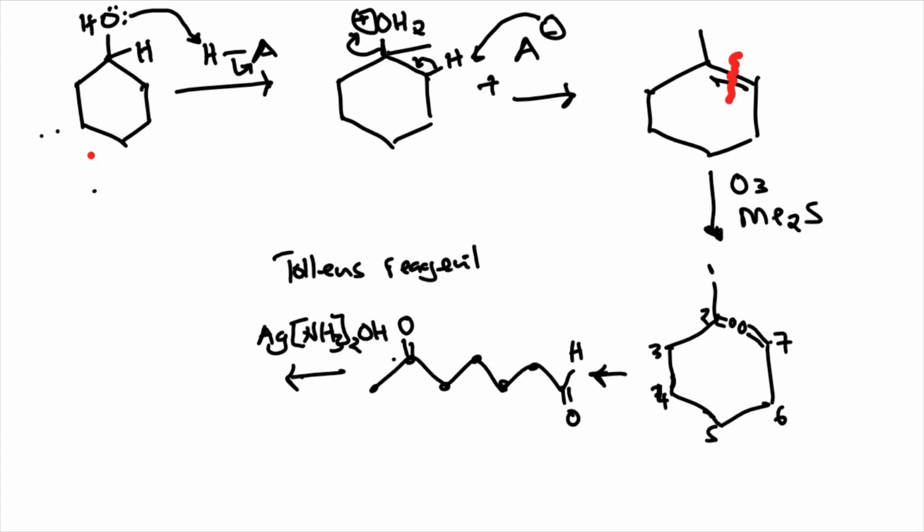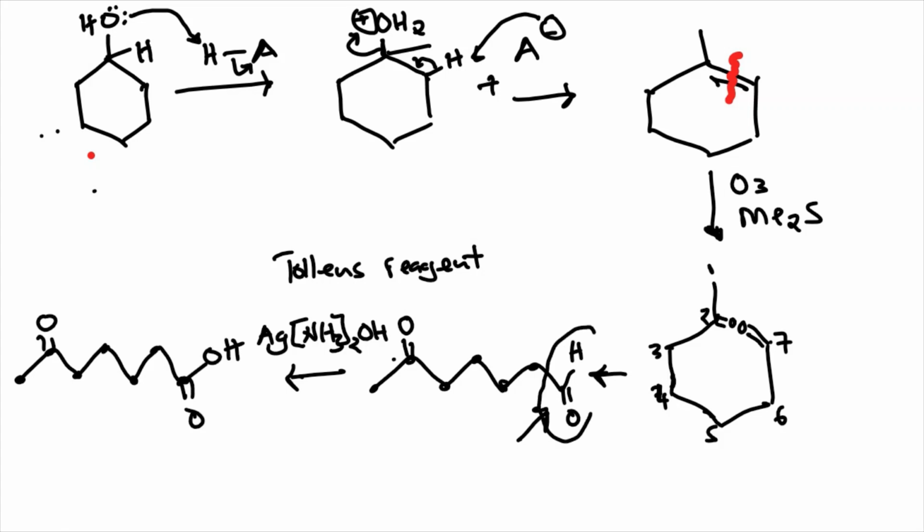What you're going to get is that this aldehyde here will be converted to a carboxylic acid. So you're going to add an oxygen here. So you're going to have 1, 2, 3, 4, 5, 6, 7. Here there's a double bond. Here oxygen. So you've converted this group here that was an aldehyde to a carboxylic acid there.